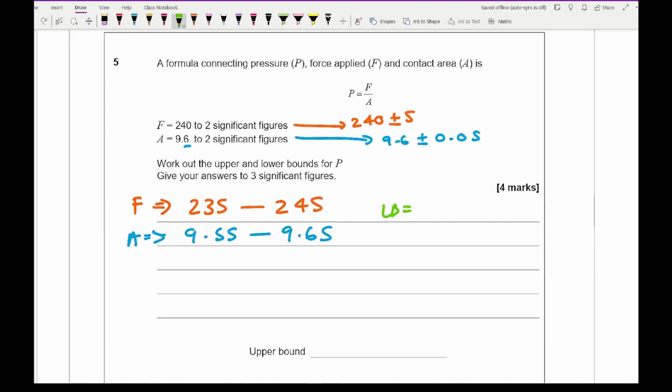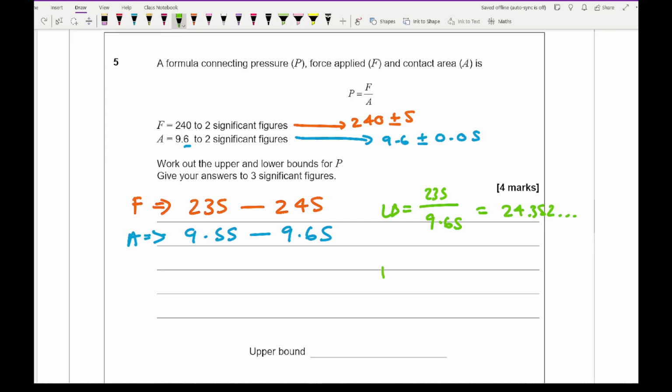So then if we want our lower bound, we want the smallest F, so that's going to be 235 over the biggest A, which is 9.65, and that gives me an answer of 24.5352 and so on.